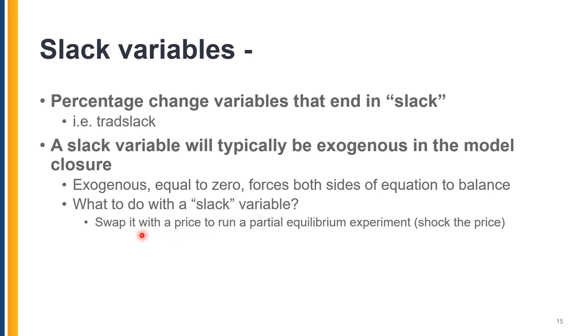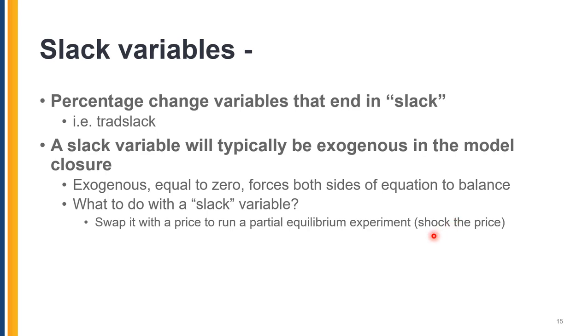But there could be cases where you want to run a partial equilibrium experiment. You want to turn off market clearing somewhere and shock the price. So you have some partial equilibrium experiment, maybe just to measure some elasticities. If you start digging around the GTAP literature after you've been at this for a year, you'll see something called the partial equilibrium elasticity, and it's a set of experiments that people run just to get these summary elasticities. What are the summary supply elasticities in partial equilibrium? And then there's another one called the general equilibrium elasticity, where people want to shock the prices.